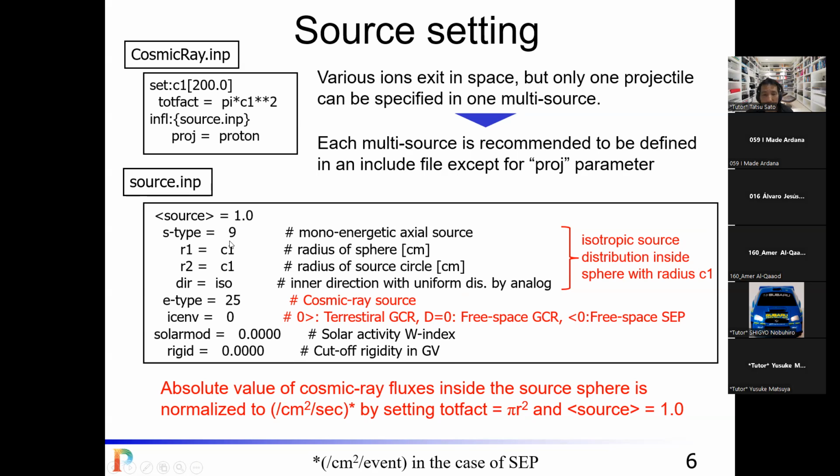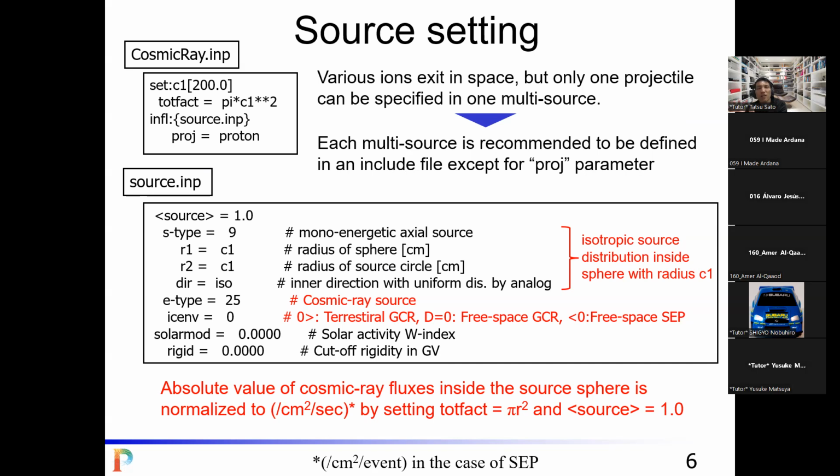A spherical source is recommended because cosmic rays come from every direction. In the S-type Q9 case, R1 and R2 are the radii of the sphere, and the source sucks. It's not a good explanation, but sometimes you want to set up an inner radius and an outer radius.